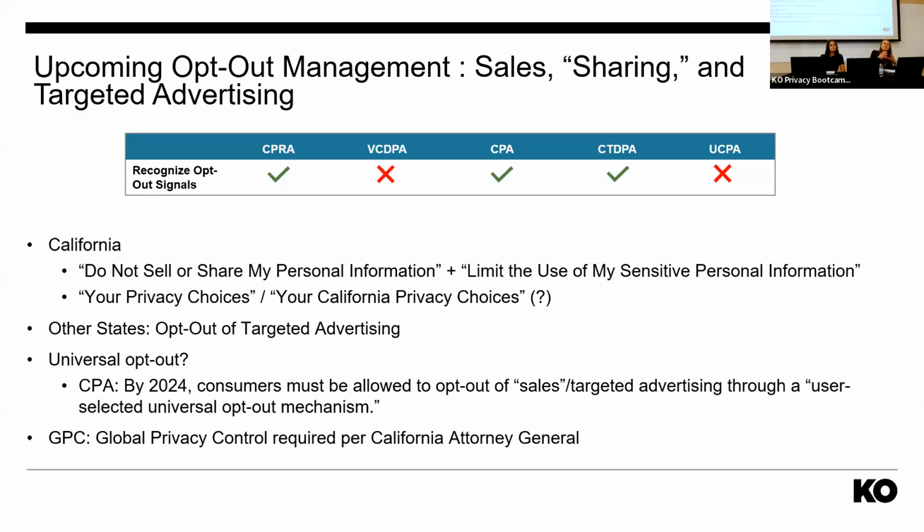None of the regulators are going to permit confusing cookie banners to be used to provide these opt-outs. It's going to need to be something very clear, just a couple of clicks to get to the actual opt-out. So all of these opt-outs need to be operationalized in a way that's easy for the consumer to use. I think that's going to be the key piece that regulators are looking at.